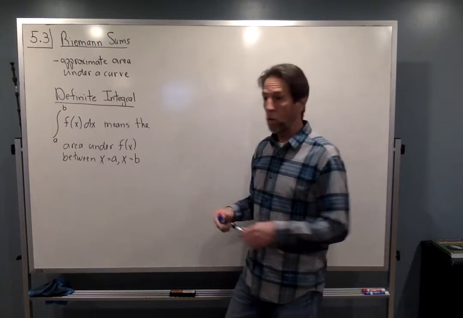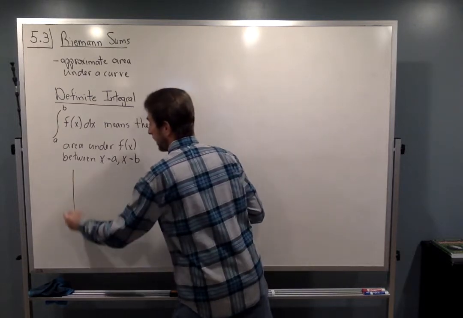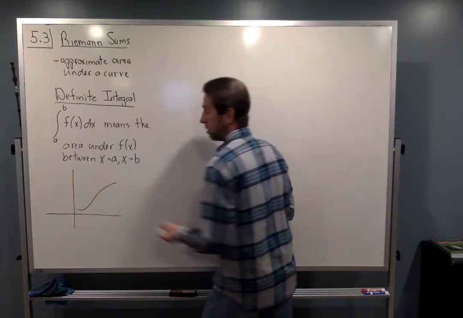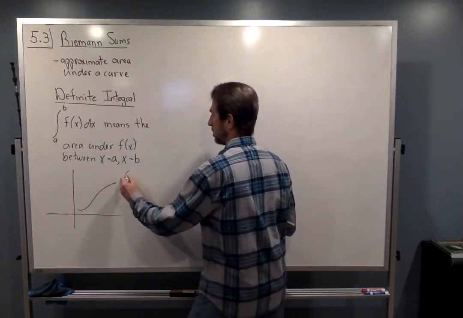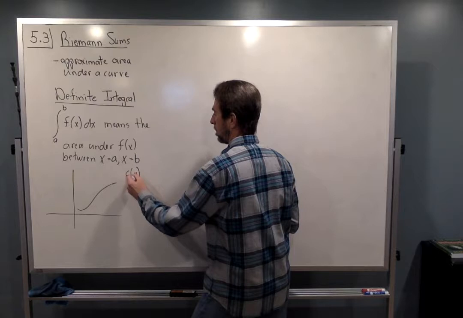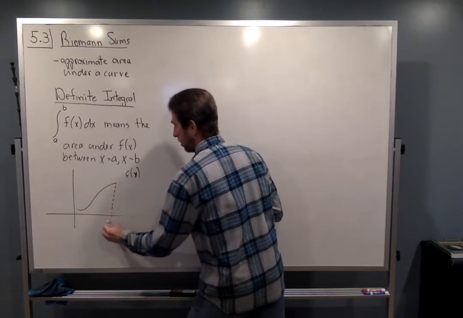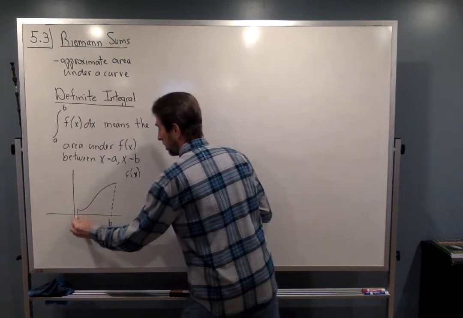But basically, this type of notation means the area under the function between x equals a and x equals b. So in other words, if I wanted to draw some function, that's my function, and it could continue, of course, and this is b, let's say, and this is a.